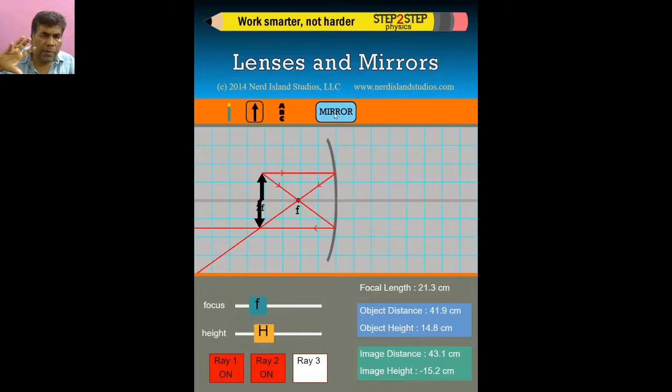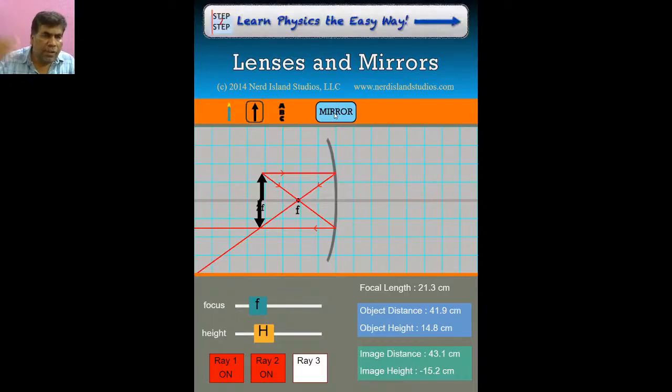You cannot observe much change in your image. But if you stand in front of a concave mirror or convex mirror and move forward and backward, you will observe different kinds of changes that we are going to discuss now.